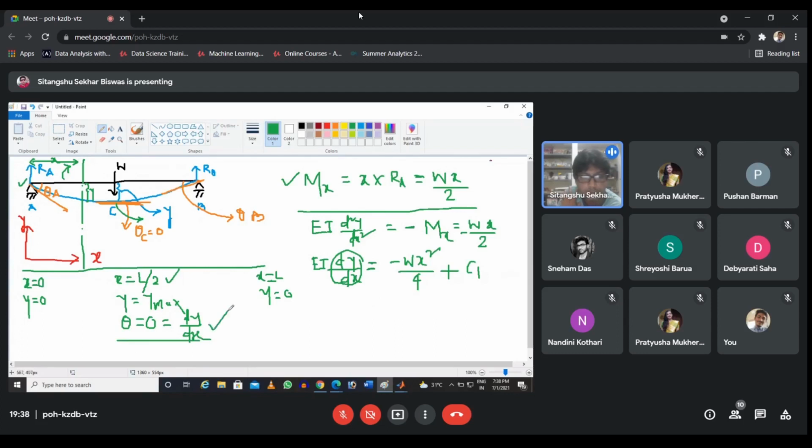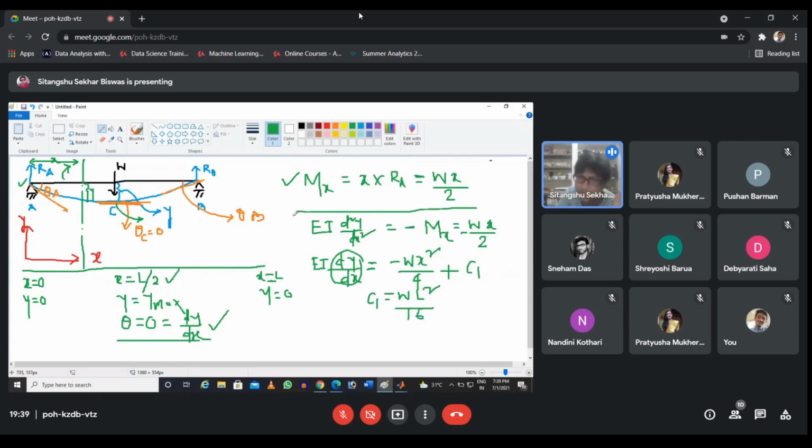As I told, this is one of our boundary conditions. So if we put this side as 0, and here L by 2 means L square by 4, so minus W L square by 16. So my C1 is equal to basically W L square by 16.